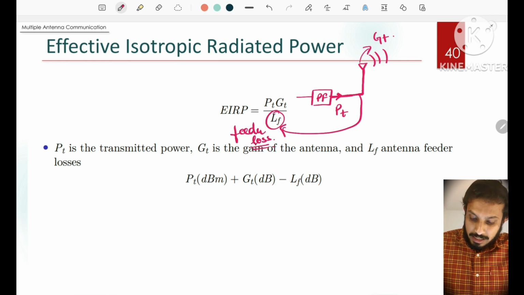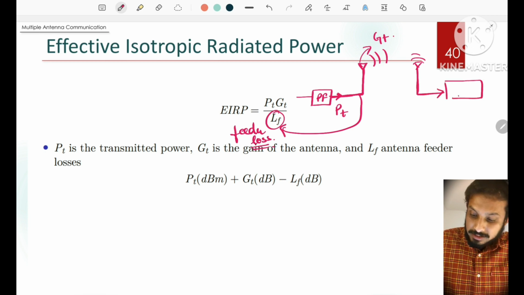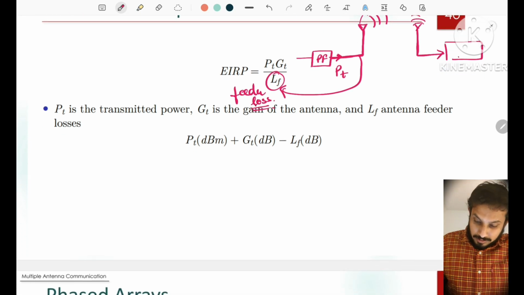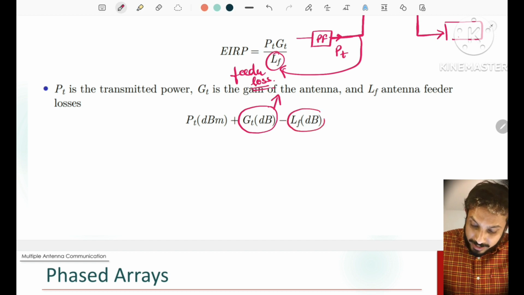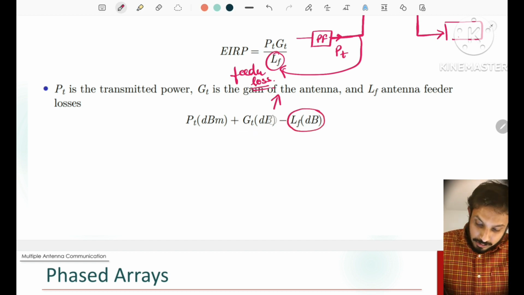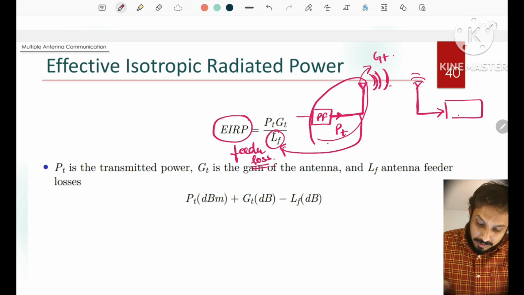This is generally due to the cables between the power amplifier and the antenna. Again at the receiver side we will have a certain gain, then feeder losses, and the signal will be received. So GT will have a positive impact on the power, and LF will have a negative impact on the power. What is achieved from the antenna after undergoing this process is known as EIRP.